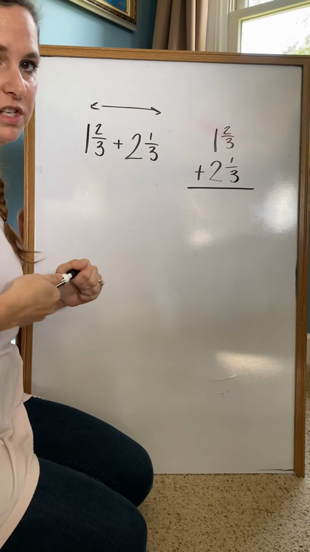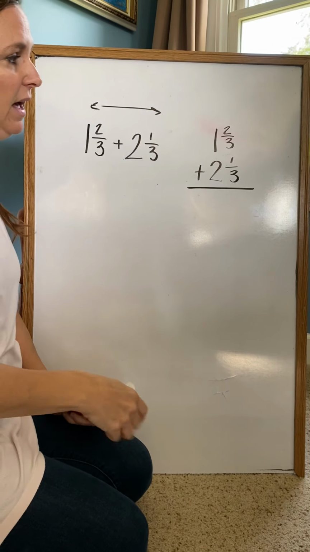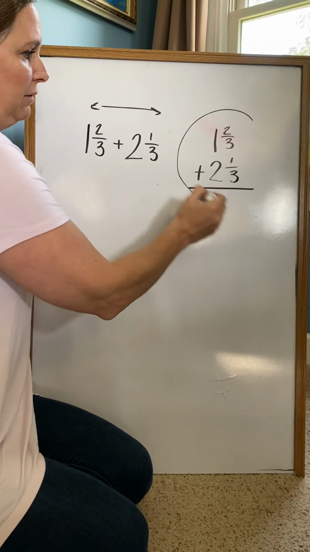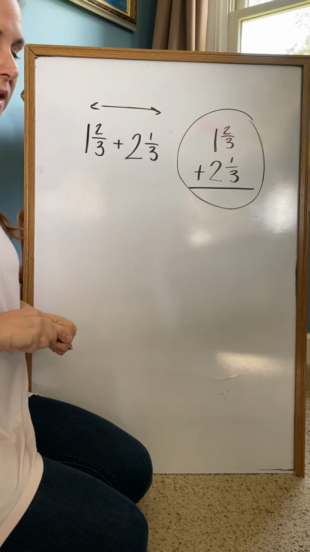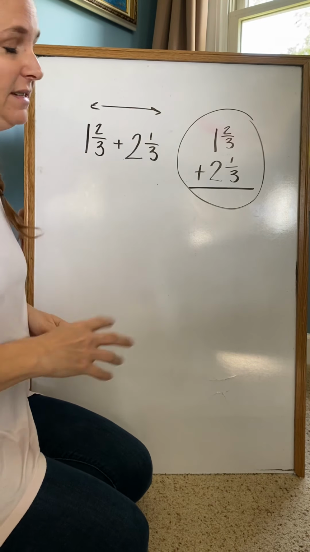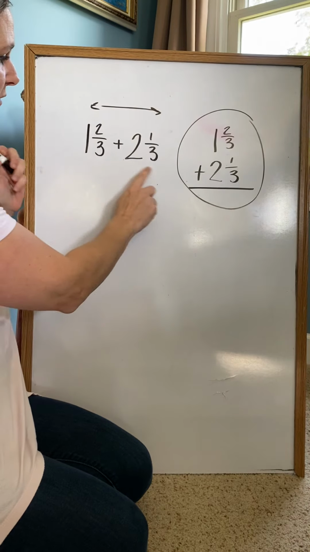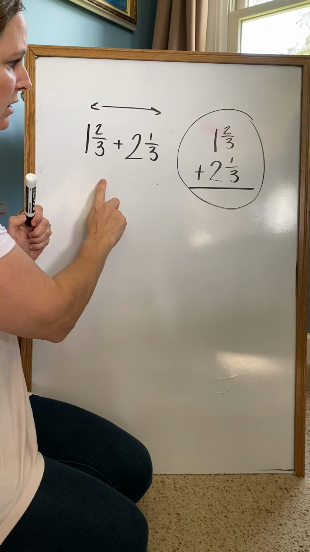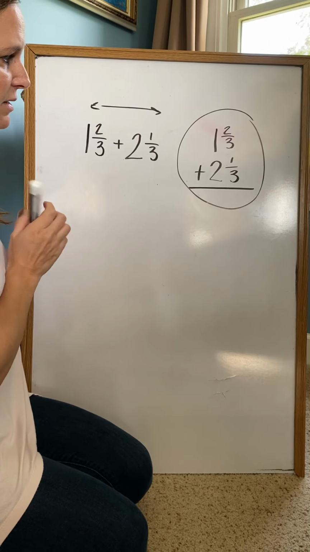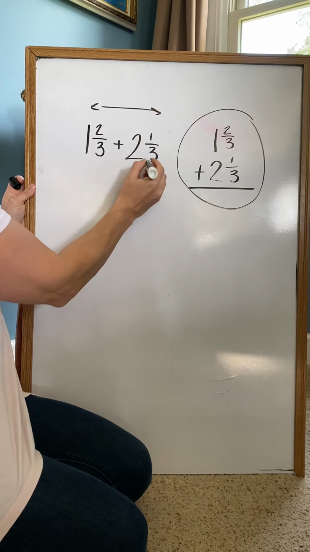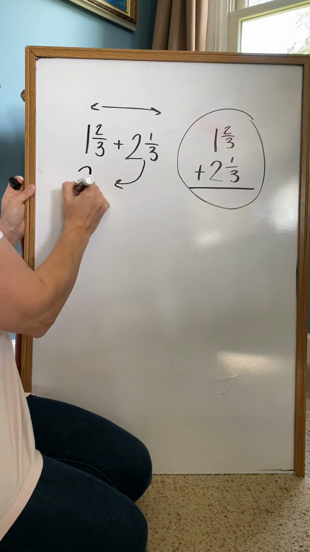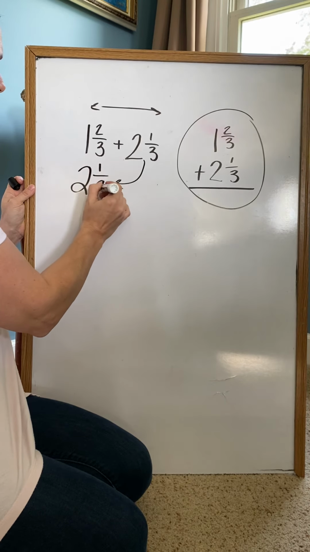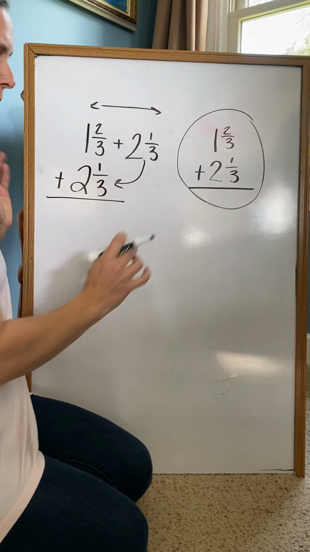I would suggest to you to go ahead and get in the habit of writing them this way, and you'll see why I say that in just a minute. So if you're given your mixed number equation horizontally, rewrite it like this. I'm going to swing this value down here.